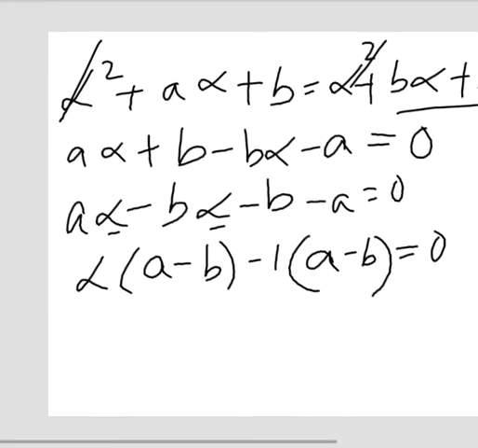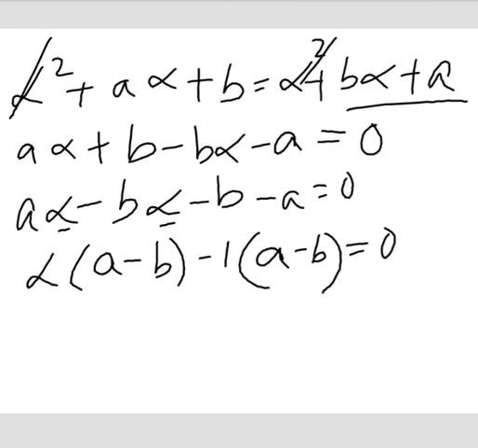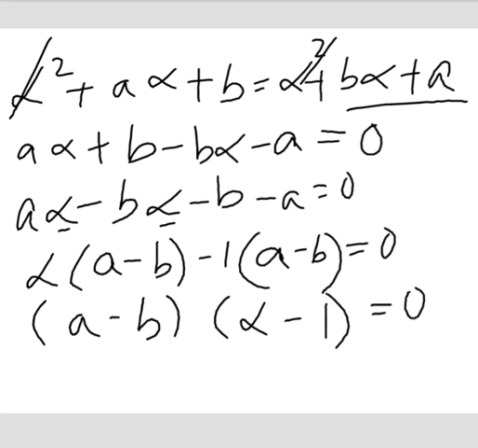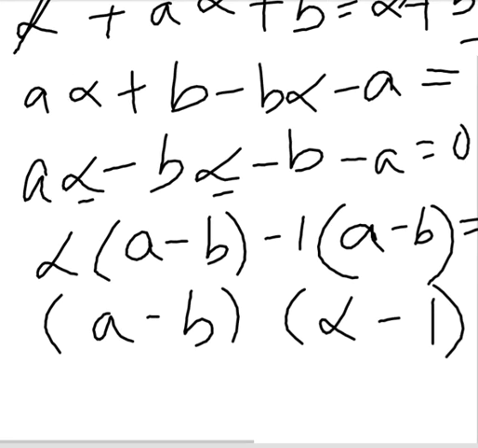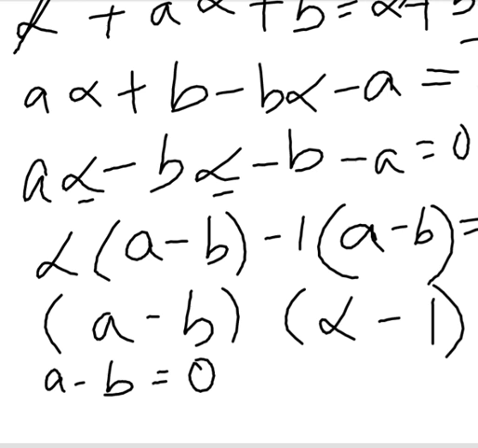Now what are the common factors? We can find it, right? a minus b into alpha minus 1 is equal to 0. Now as I told, when a minus b and alpha minus 1 are factors, we can equate each to 0. So minus b goes to RHS and becomes plus.